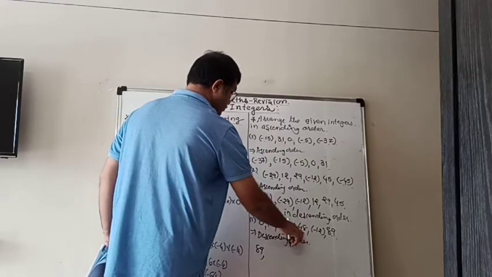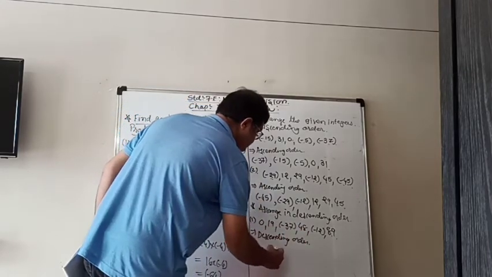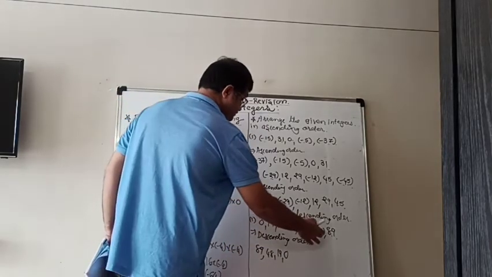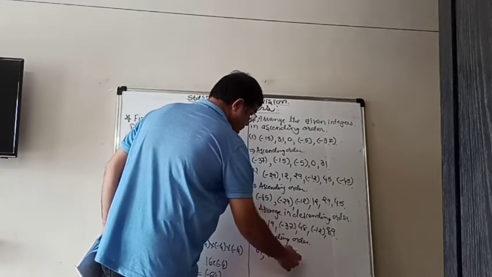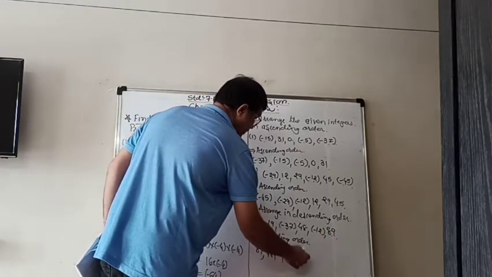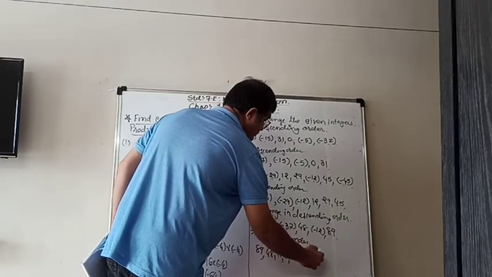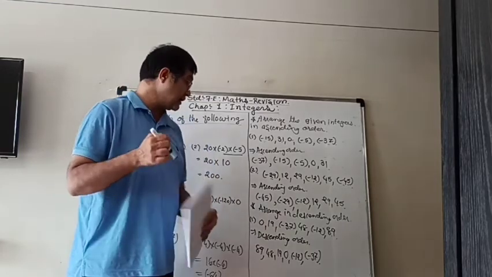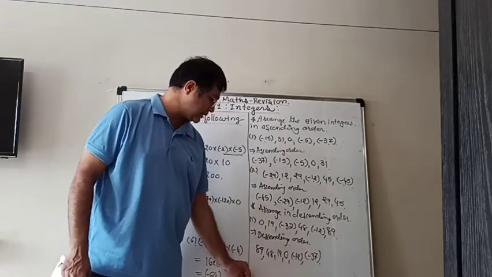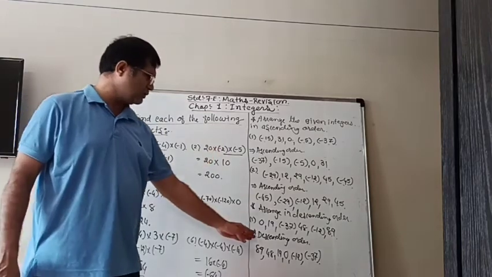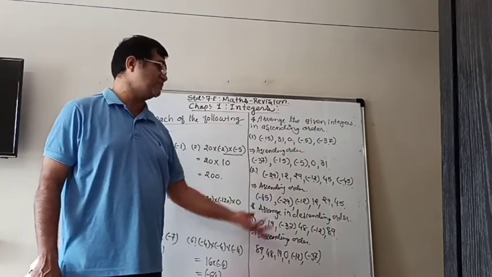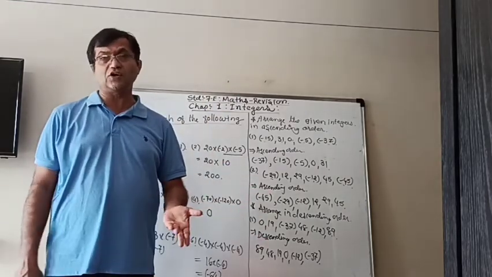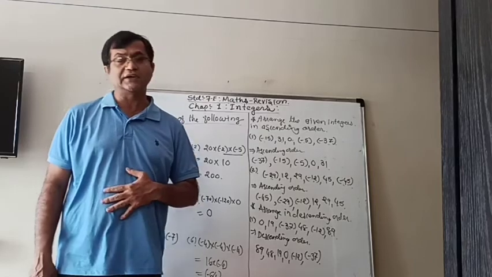All the positive numbers, so 48, then 19, then 0, and then -12, and then last minus 37. That will be the smallest number. So I'm not giving more of descending order because it is the same thing. If you know how to do ascending order, then reverse is the descending order. So I took only one example here.